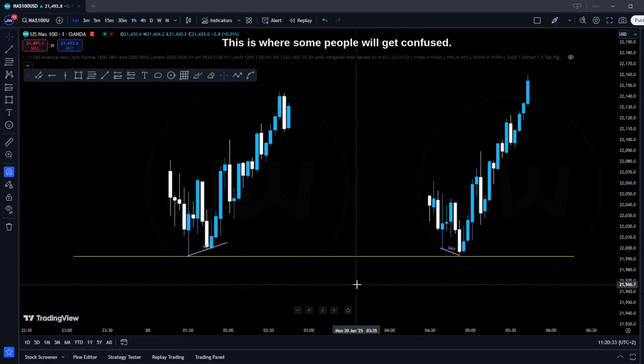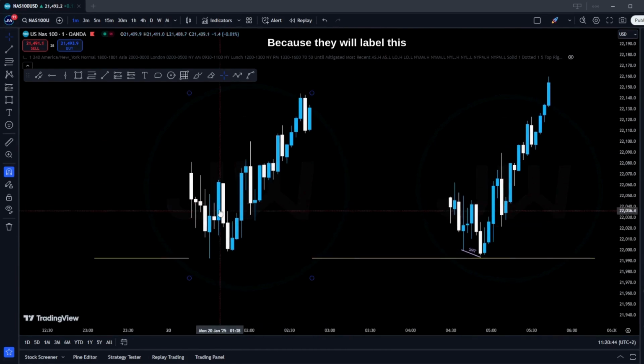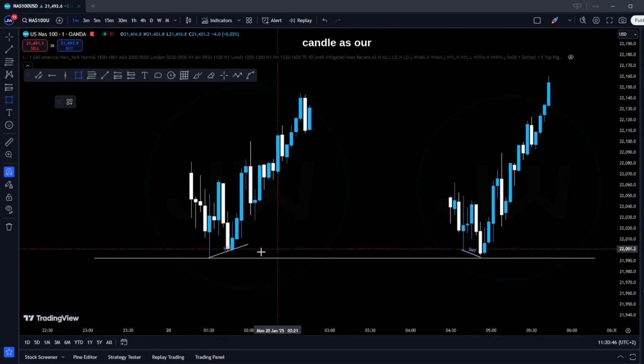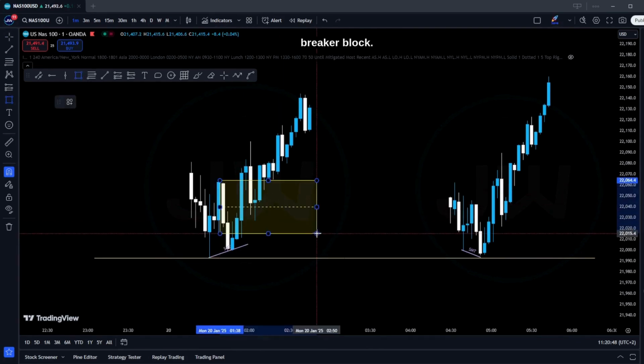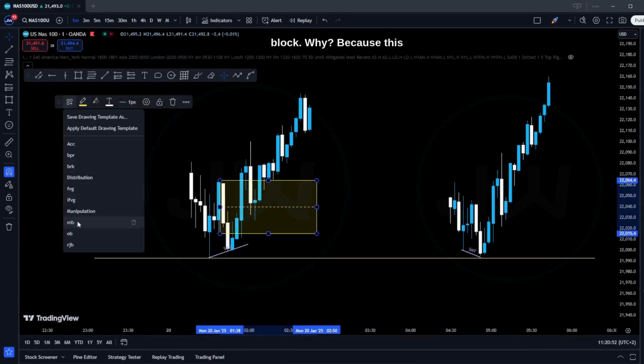This is where some people will get confused, because they will label this candle as our breaker block, when in fact this is a mitigation block.